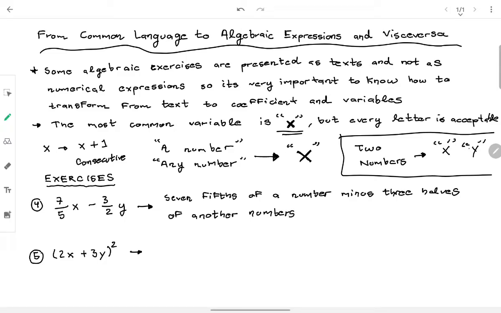Let's see the next one. We will have the sum or the addition of 2 times a number and 3 times another number.